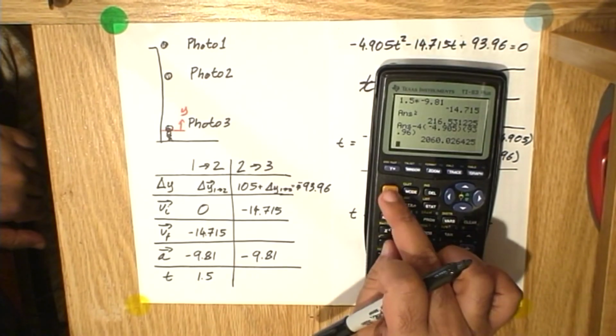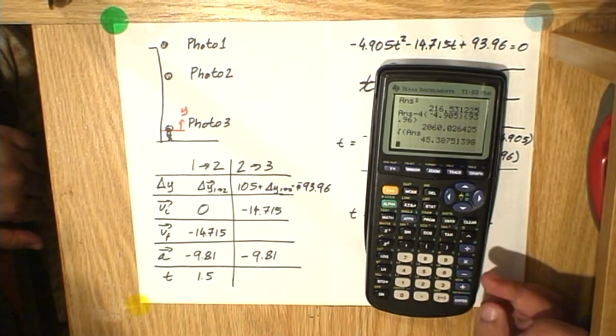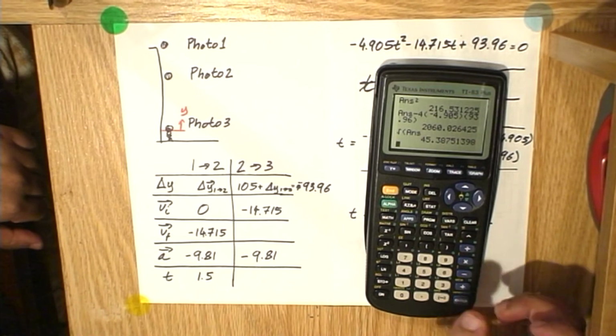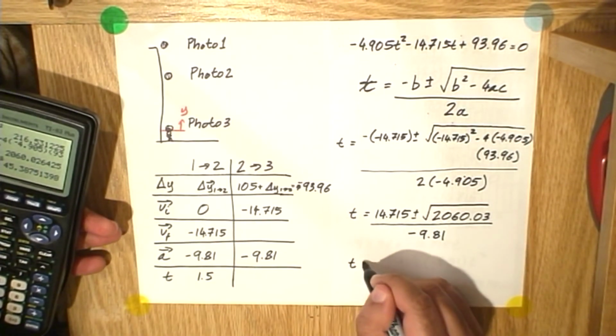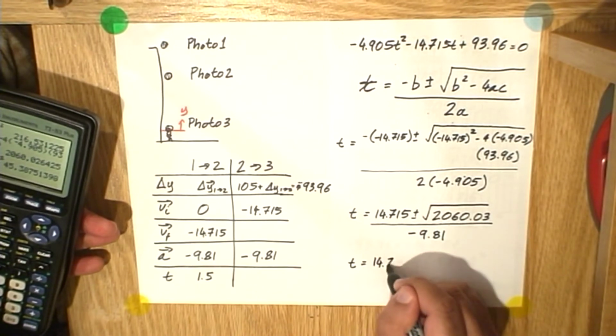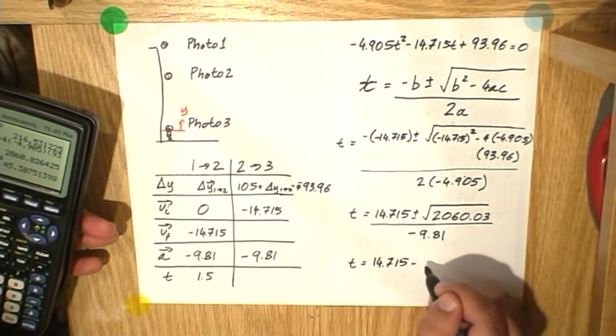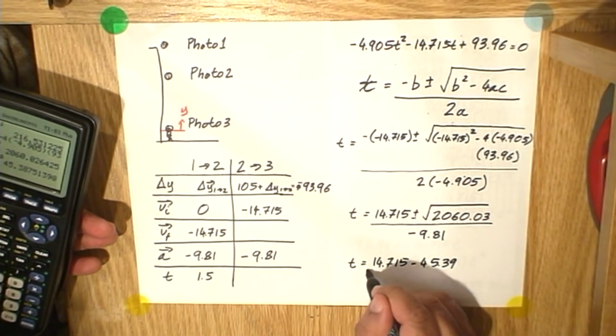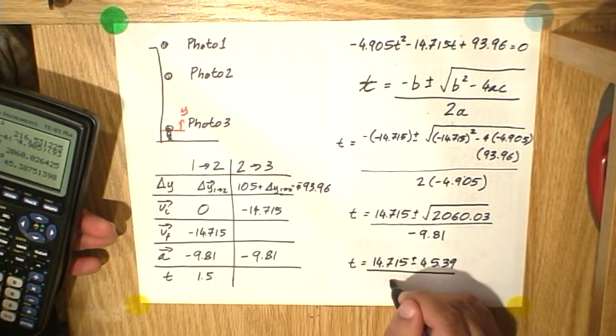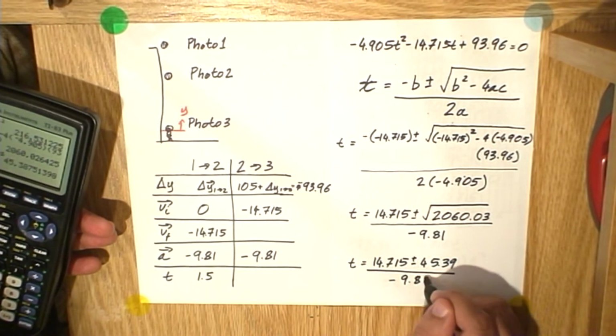The square root of 2060 is 45.39. So we now have t is equal to 14.715 plus or minus 45.39, divided by negative 9.81.